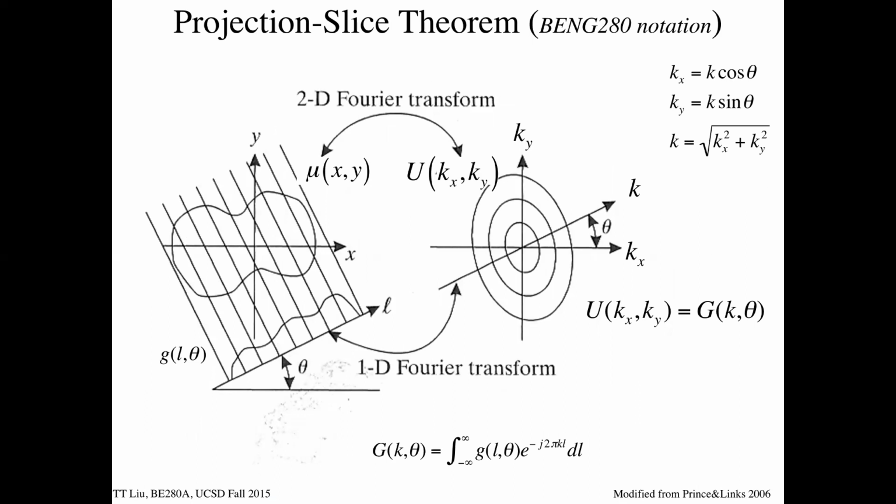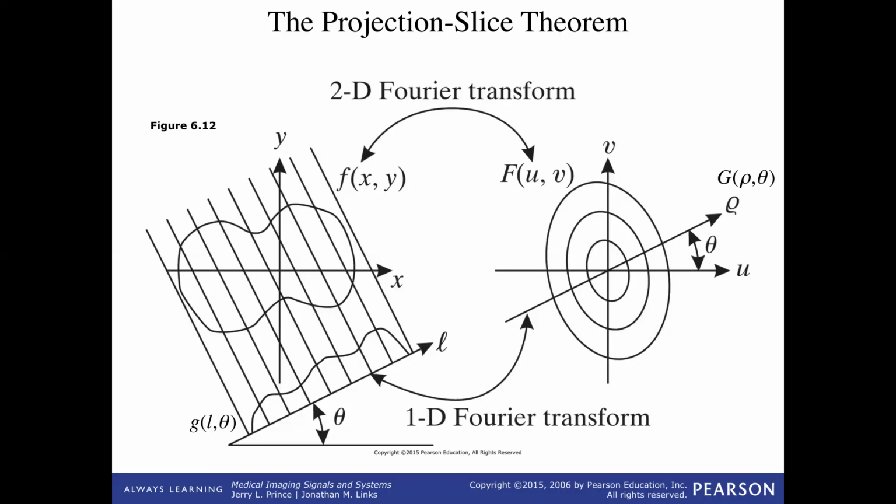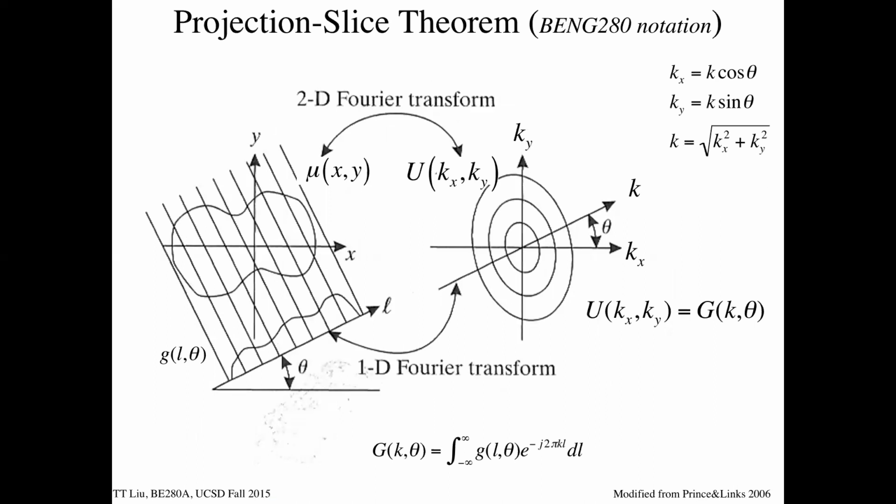So in the terminology of our course, this is from the book, right? And then we'll map it to the terminology of our course, where instead of f, our object that we're trying to reconstruct is mu xy. Okay, it's the linear attenuation coefficient at a position x, y in the patient, right?